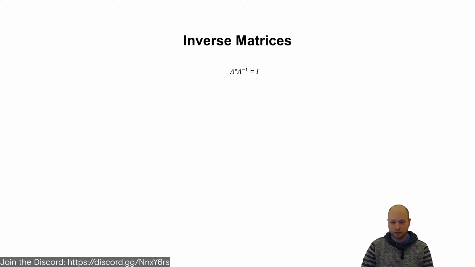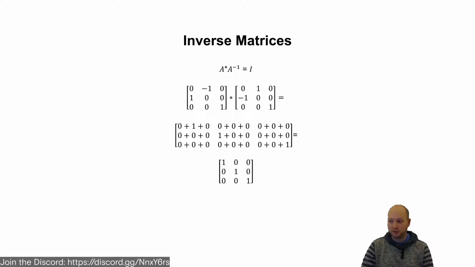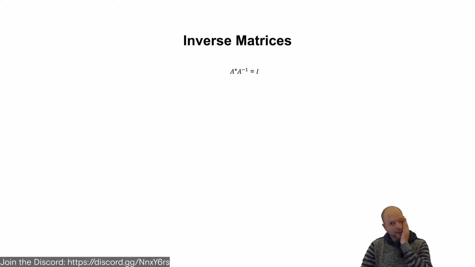In this case, actually, this was a rotation matrix. As you can see, this is a rotation of about 90 degrees in the z-plane. You can remember cosine, negative sine, sine, cosine, and so in this case cosine of 90 degrees is 0, sine of 90 degrees is 1.